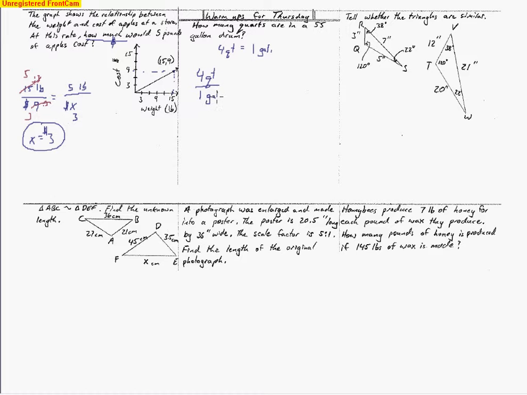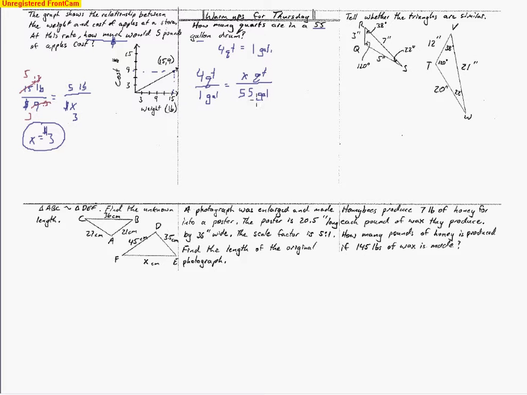And so from there we could go ahead and write another ratio using the amount that we have. How many quarts are in a 55-gallon drum? So since I put gallons in the denominator, the 55 gallons is going to have to go in the denominator of that other fraction. And then we're going to write x quarts, because that's what we're trying to find.